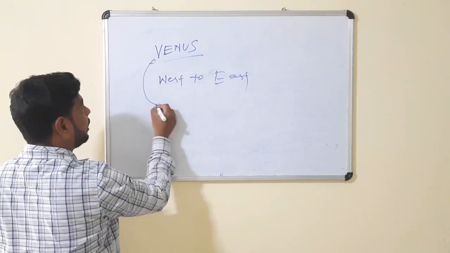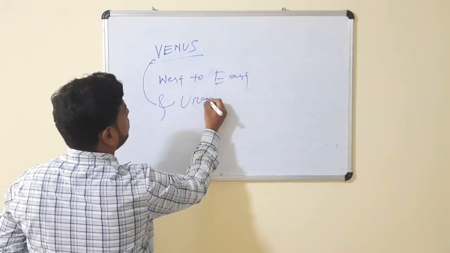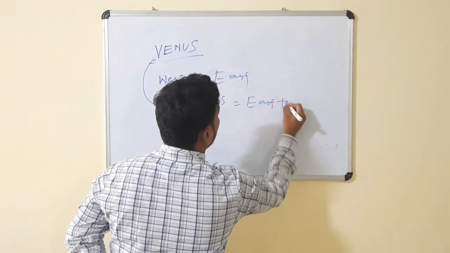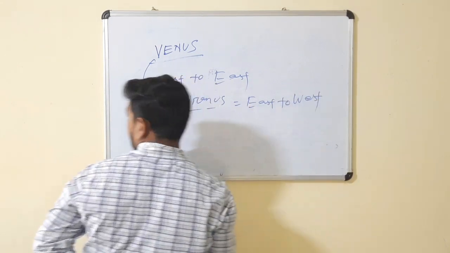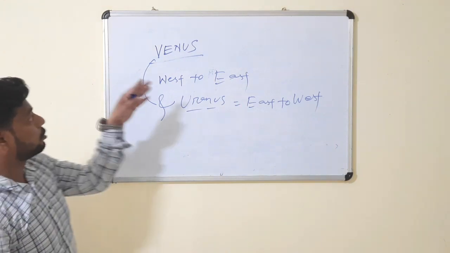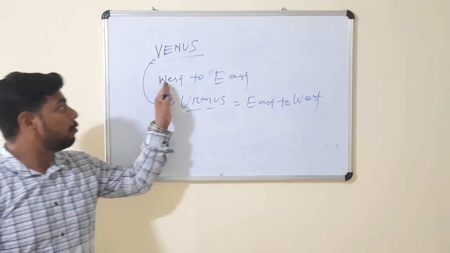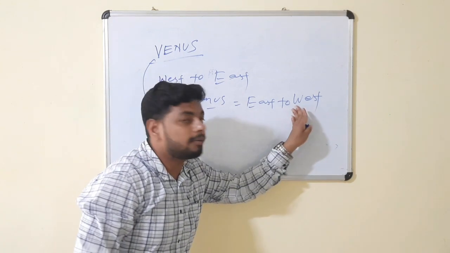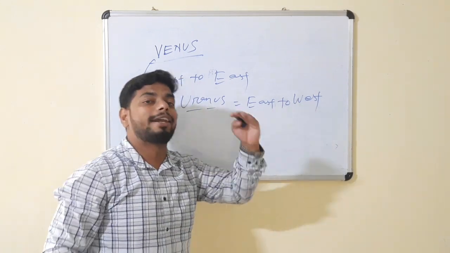But Venus and Uranus rotate from east to west. All the planets rotate from west to east, except Venus and Uranus, which rotate from east to west.